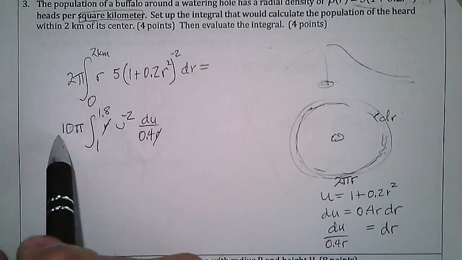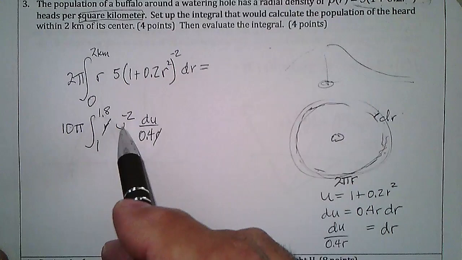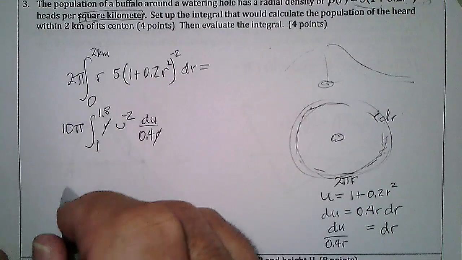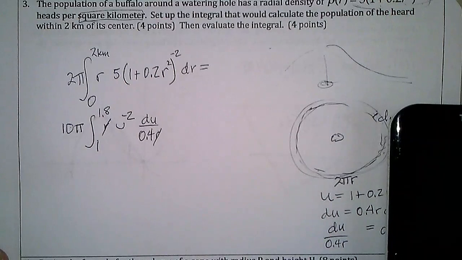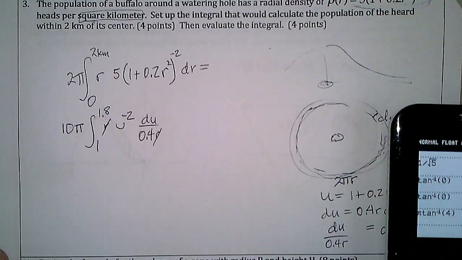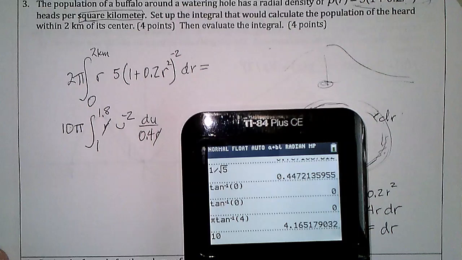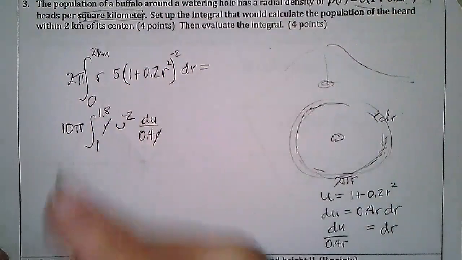I can take the 0.4 out, and the integral of u to the minus 2 will be, so 10 divided by 0.4 is 25.